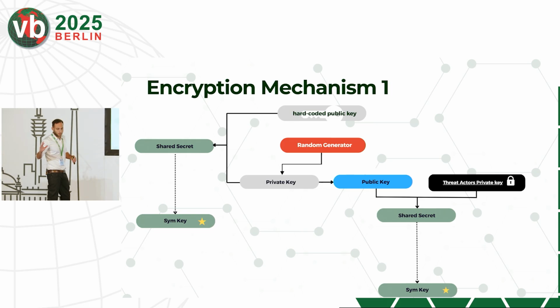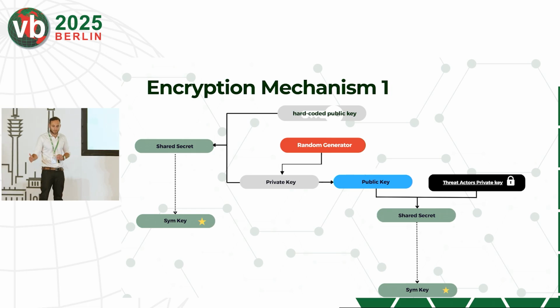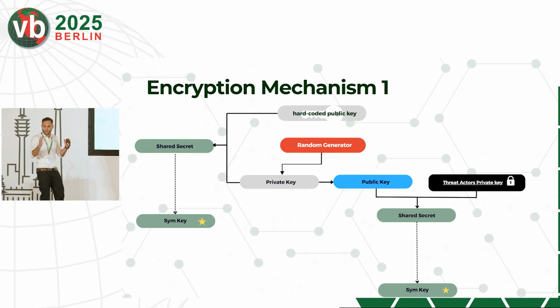There's a hard-coded public key inside the binary in a way that the binary can use. Then the ransomware generates a random value. There are many ways to do it, but it has to generate a random value. From the random value, it derives a private key. From this private key, using an elliptic curve algorithm, for example, ECDH, elliptic curve Diffie-Hellman, it can generate a corresponding public key.